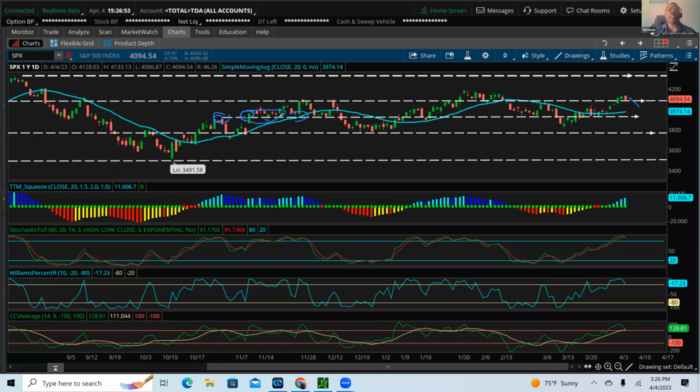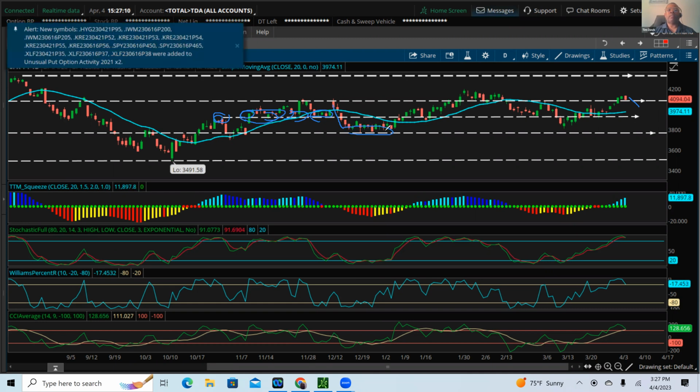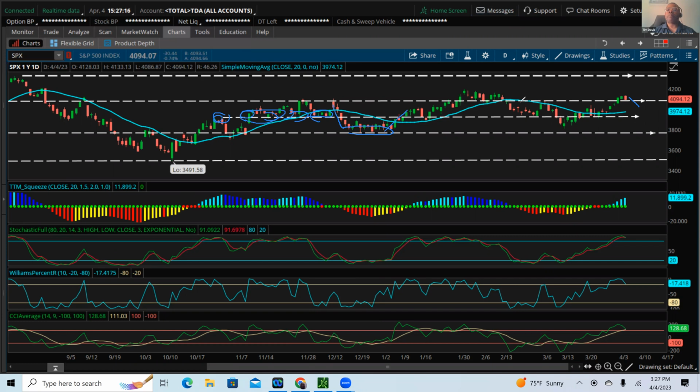Then we tested that level several times right around here, multiple times. Then we pulled back again in November to December, back to this level, where we tested it again and again. And we eventually broke back above the level that we broke out of in October.